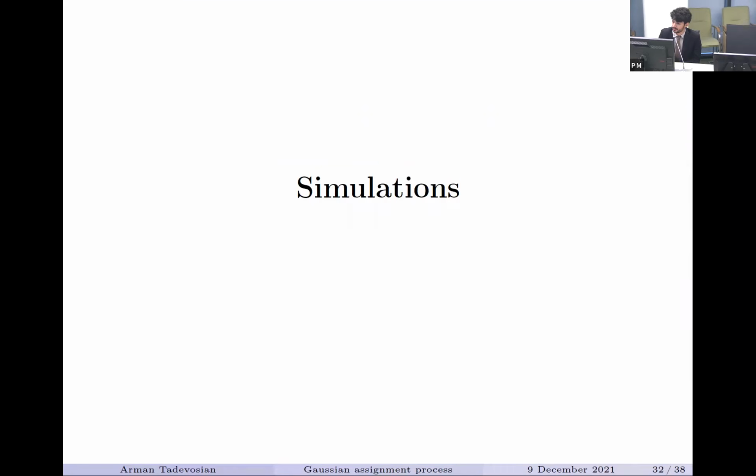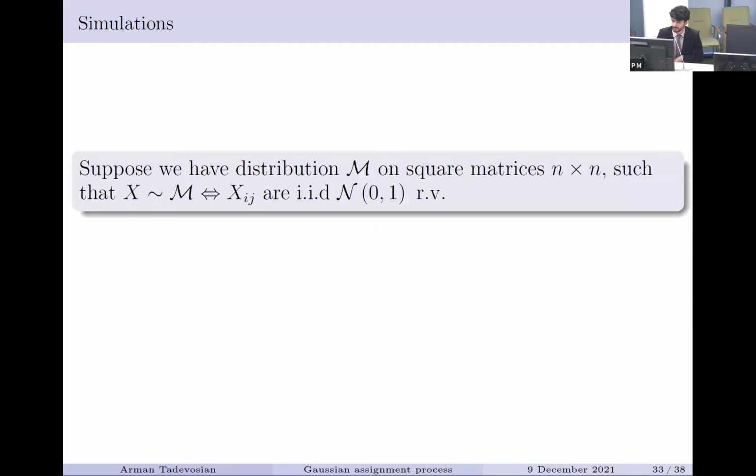And the final thing I want to talk about are the numeric simulations. But firstly, I will introduce some technical details. Suppose we have distribution calligraphic M on square matrices n times n such that X is sampled from distribution M if and only if all the entries of this matrix are independent, identically distributed normal variables.